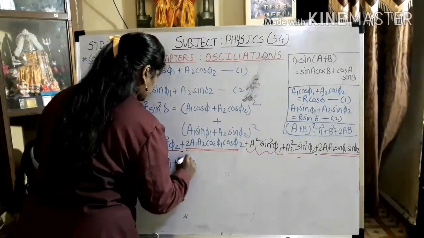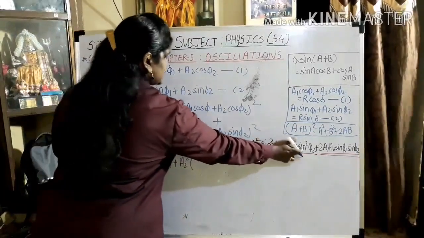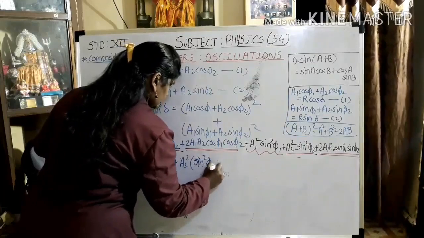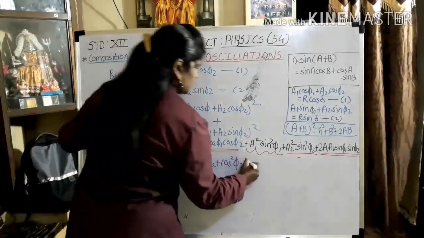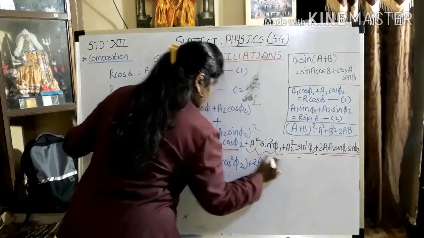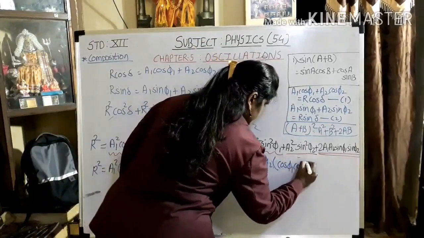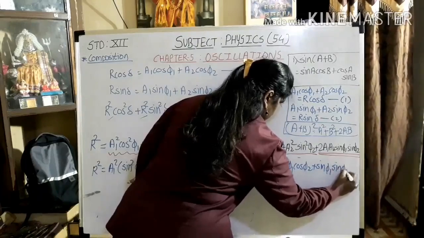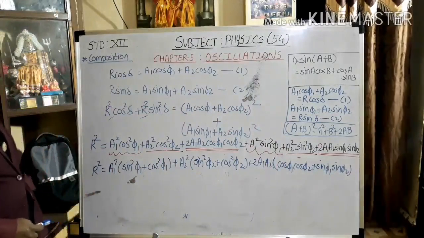For the second, a2 square I am taking common from this and this, which will be sin square phi 2 plus cos square phi 2, then plus twice a1 a2 into bracket cos phi 1 cos phi 2 plus sin phi 1 sin phi 2.